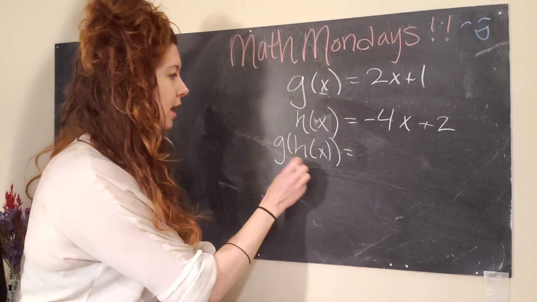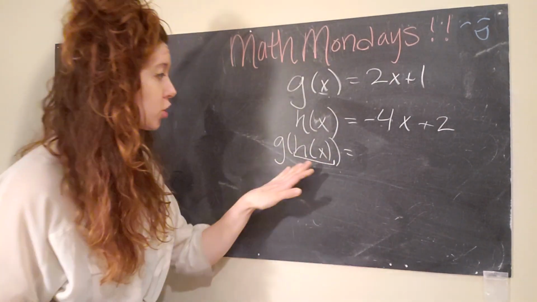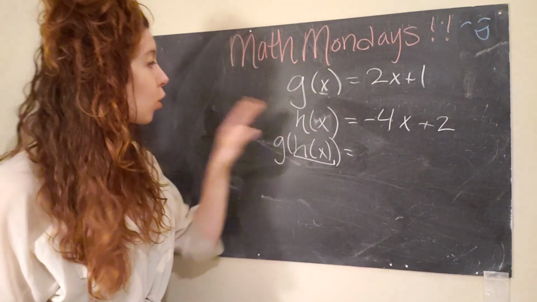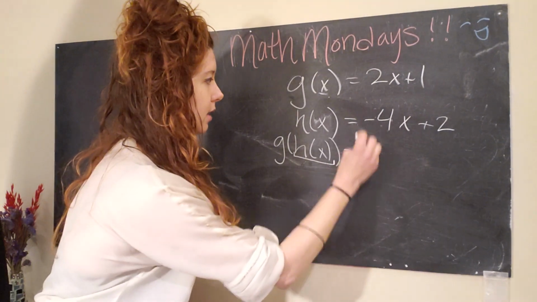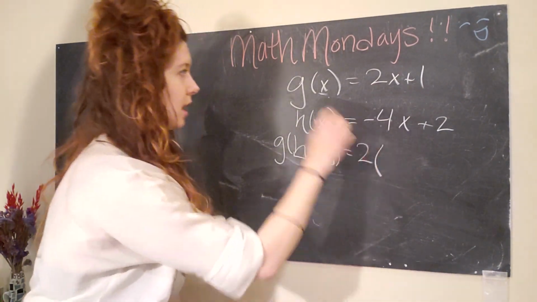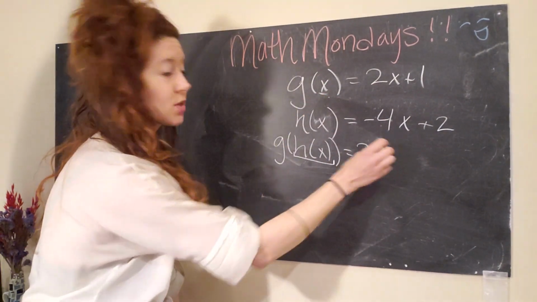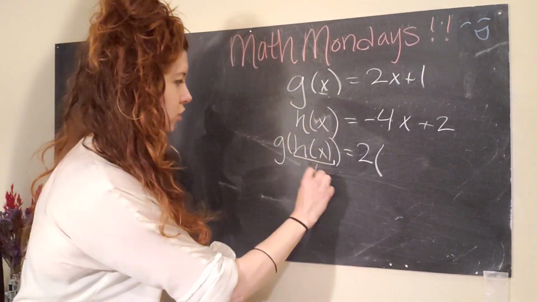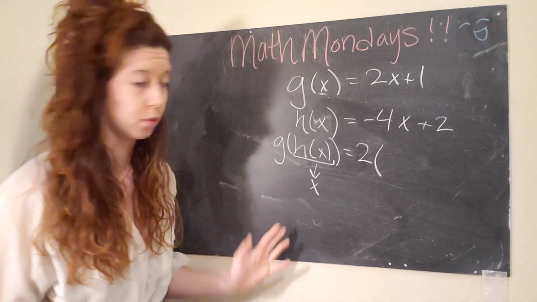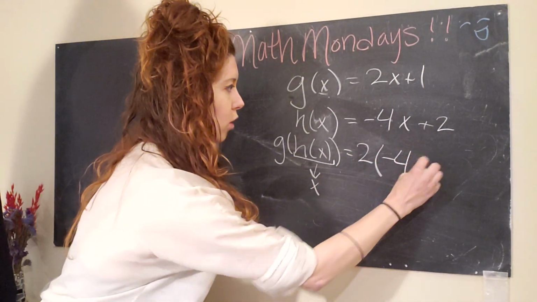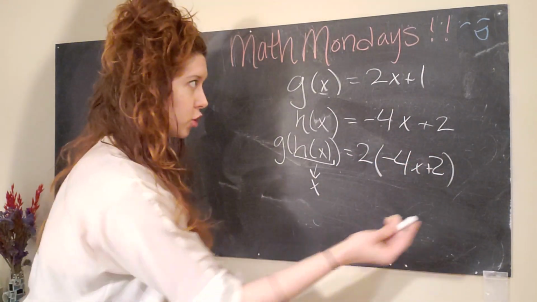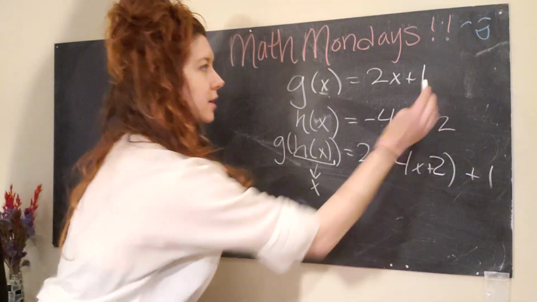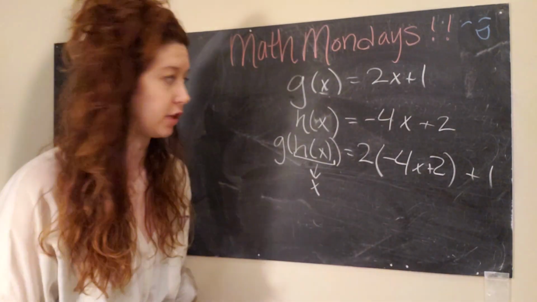So in this case, we plug in the entire function h of x for x in g, and that's going to look like this. We have 2 times our variable, and this is where we put h of x in, because in this case, h of x is just our variable. So we go negative 4x plus 2, the entire function of h, and then we come back to this plus 1 at the end of our g function.